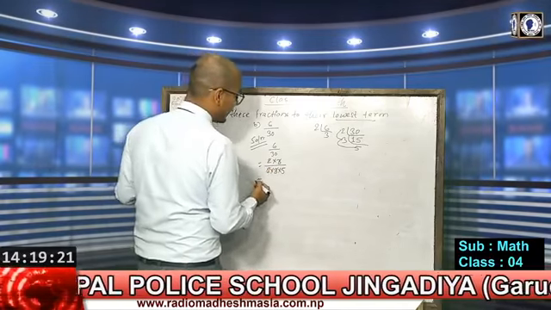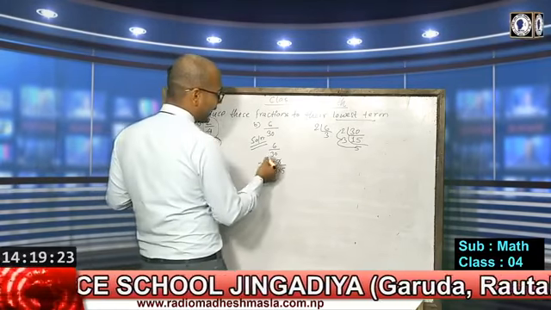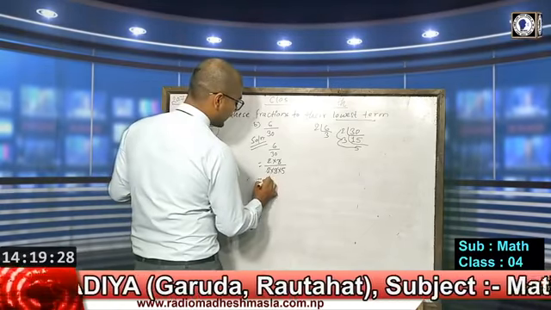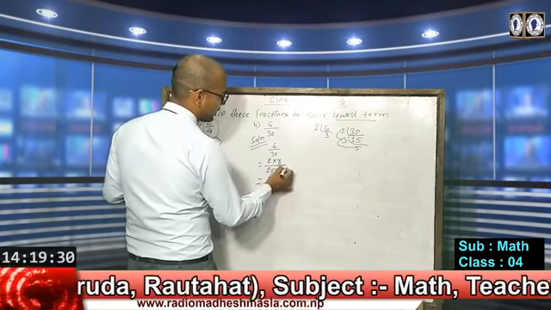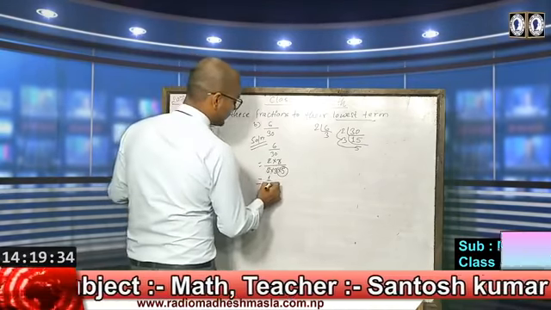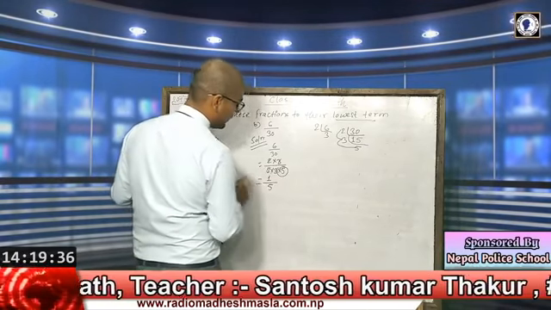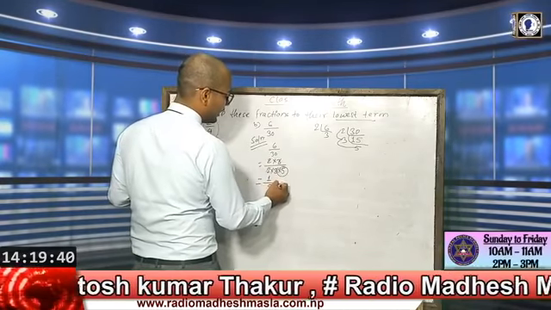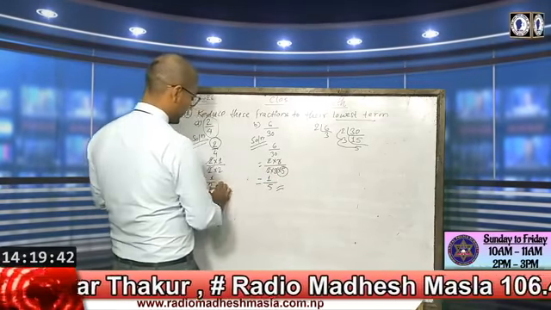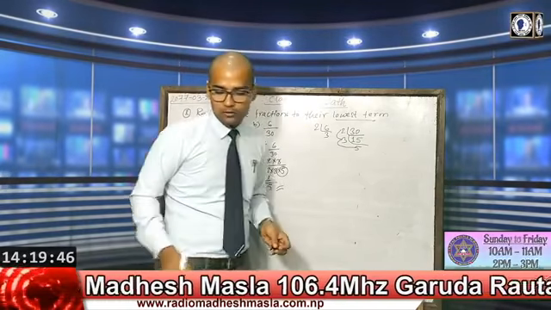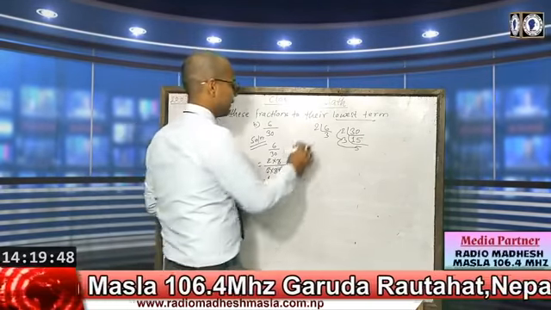So we cancel all the numbers, and as the denominator there is no number, so we write 1 as the denominator and the remaining number, 5, as the numerator. So the lowest term of 6 by 30 is 1 by 5. In this way we can find the lowest term of the given fractions.